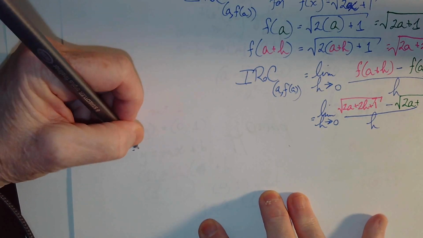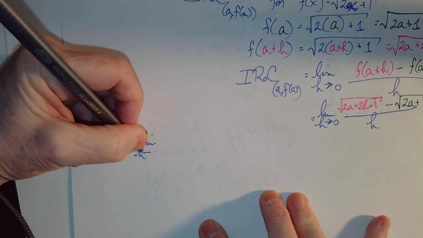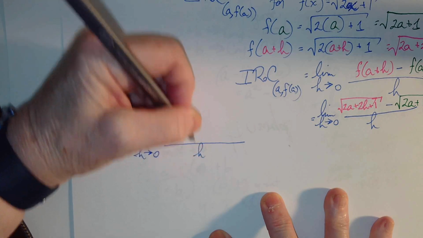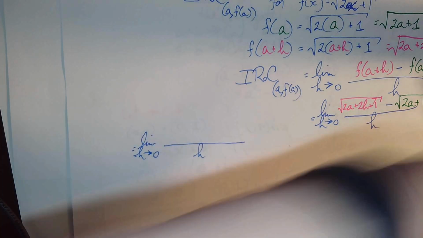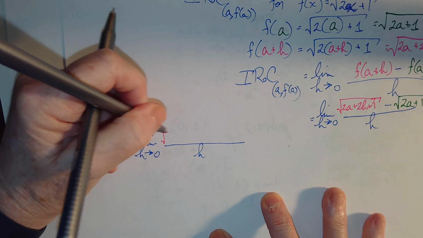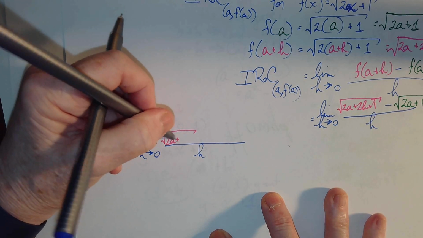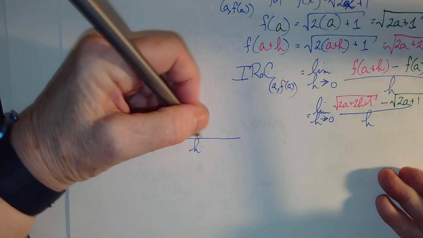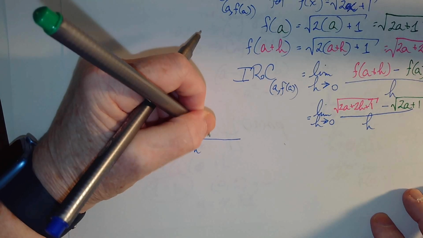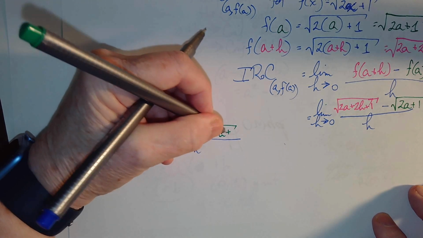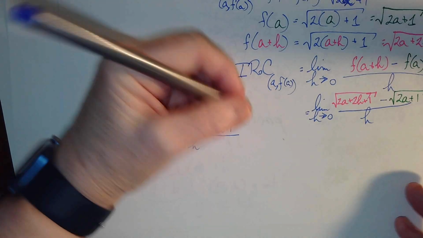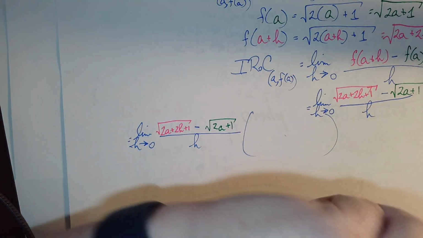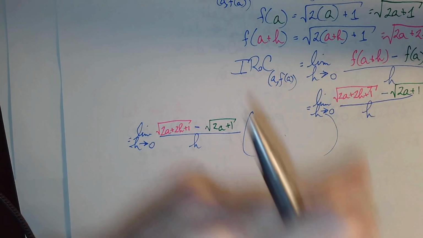So equals the limit as h goes to 0 of the square root of 2a plus 2h plus 1 minus the square root of 2a plus 1. First terms, here we go. This is so fun.